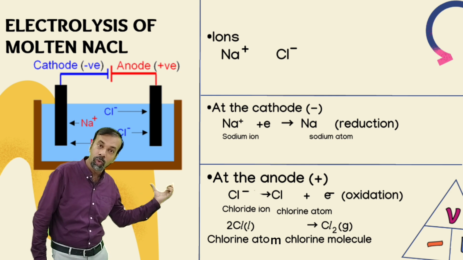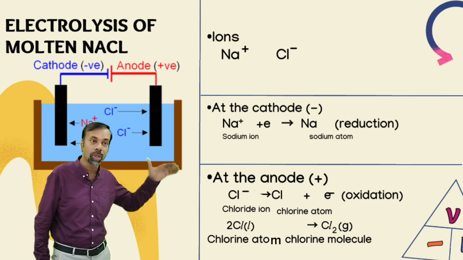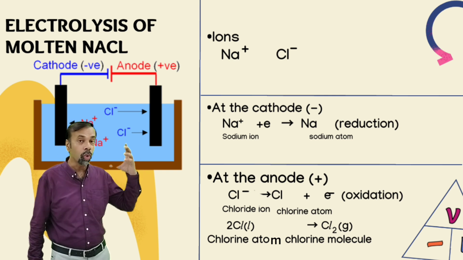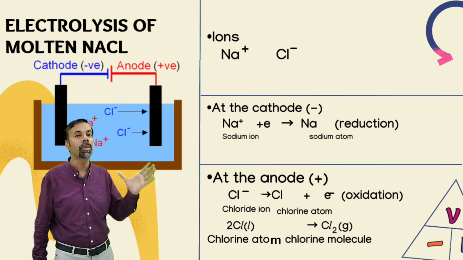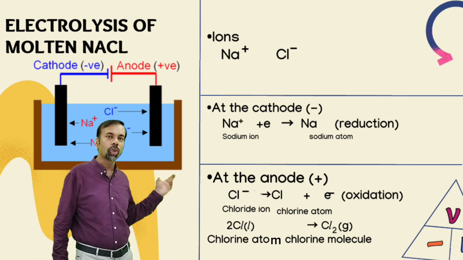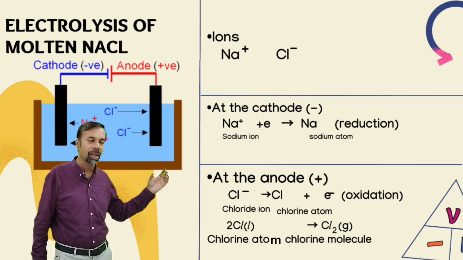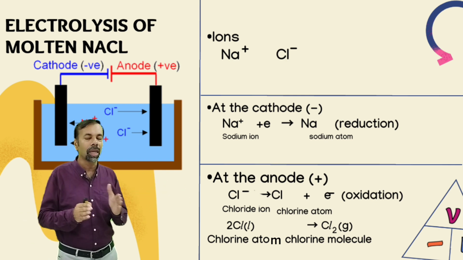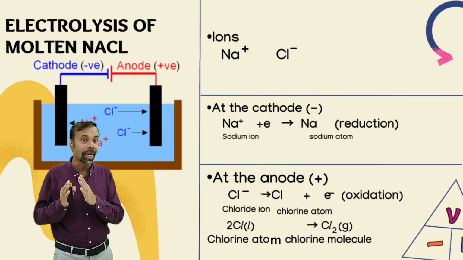Chloride ions will move to the anode, and over there they will lose electrons and convert into chlorine atoms. 2 chlorine atoms will join and form Cl2, because chlorine is always a diatomic gas. So first one atom forms and then another atom, and they join with each other and make a chlorine molecule gas.